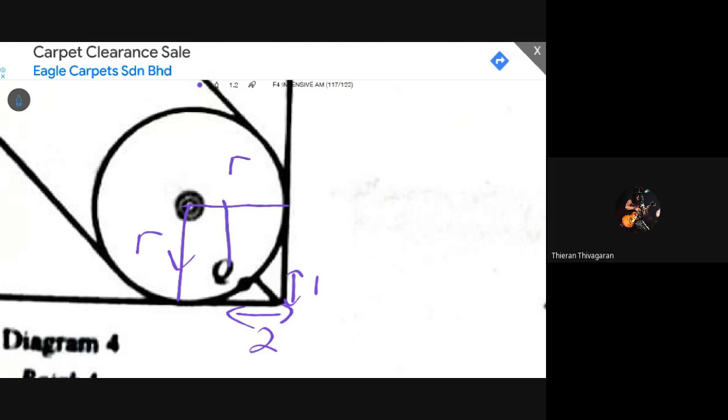Saya boleh bentuk satu segi empat tepat kat sini. Can you all see over here guys? Rectangle forming. Satu segi empat tepat kat sini. Okay, this is a rectangle actually. But then, kalau kamu sedar lagi, if you still realize, you can actually form a triangle over here.